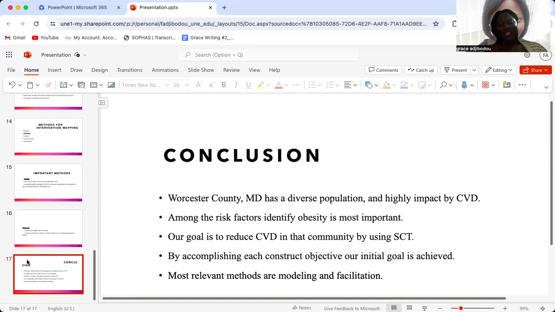By accomplishing each construct objective we talked about, our initial goal will be achieved. The most relevant methods are modeling and facilitation.